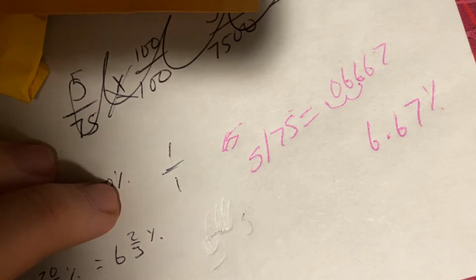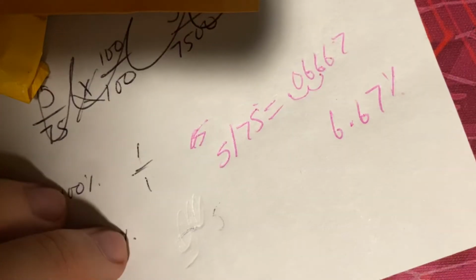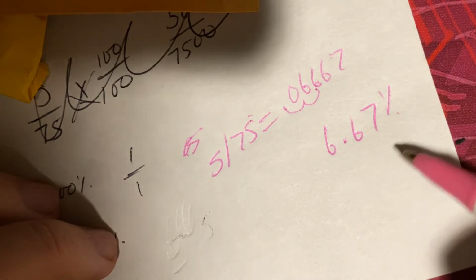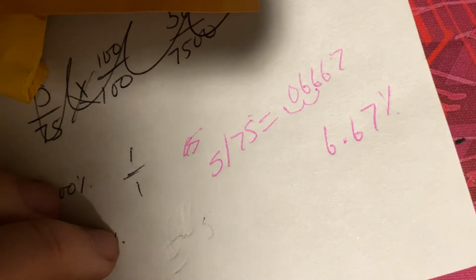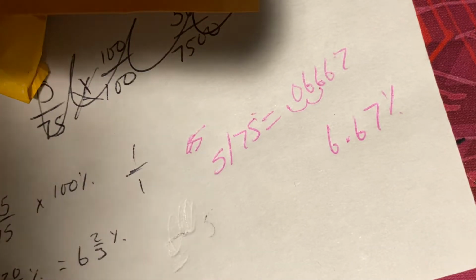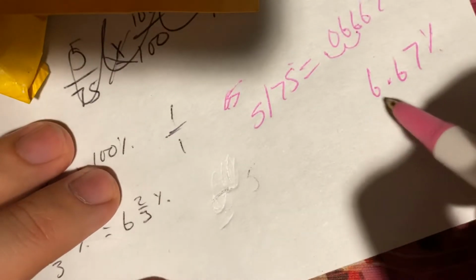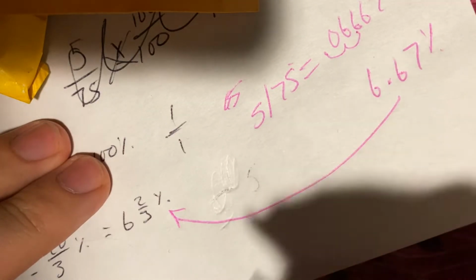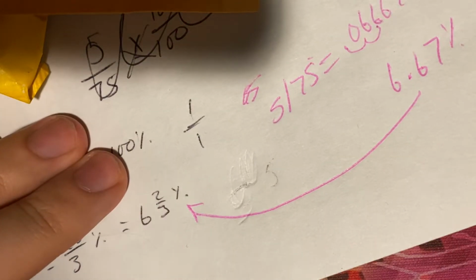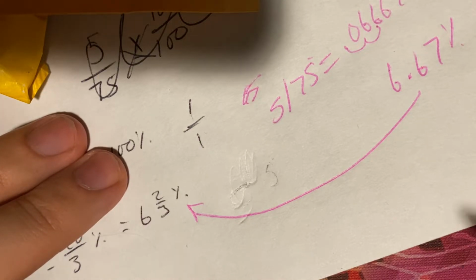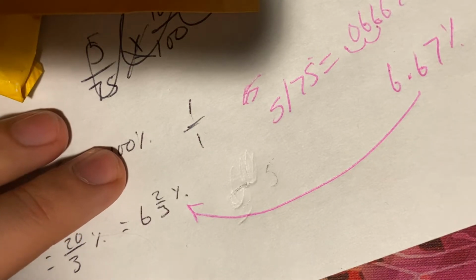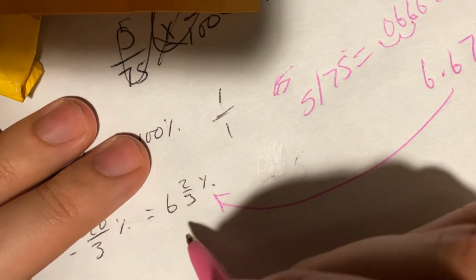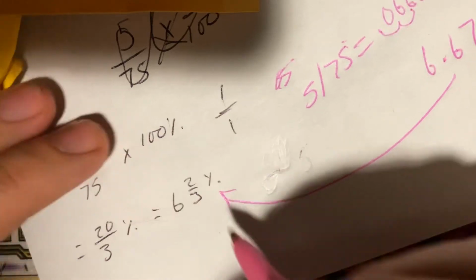Fortunately, from years of math, you innately know that 0.66667 repeating is basically 2/3. So this is just another way of getting to that. So 0.66666 repeating just equals 2/3, and that will get you to this 6 2/3%.